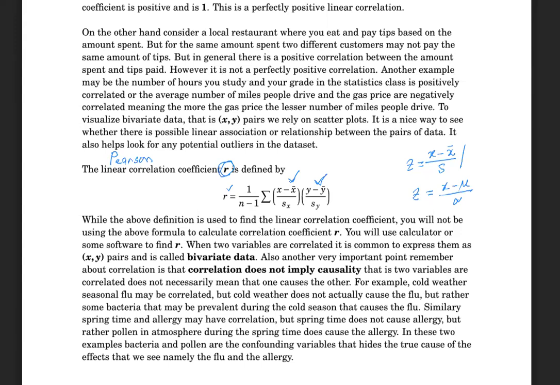It's the product of Z-scores. Now, remember, what does Z-score tell you? Z-score is important. It tells you the relative position of the data point with respect to the mean or the center.